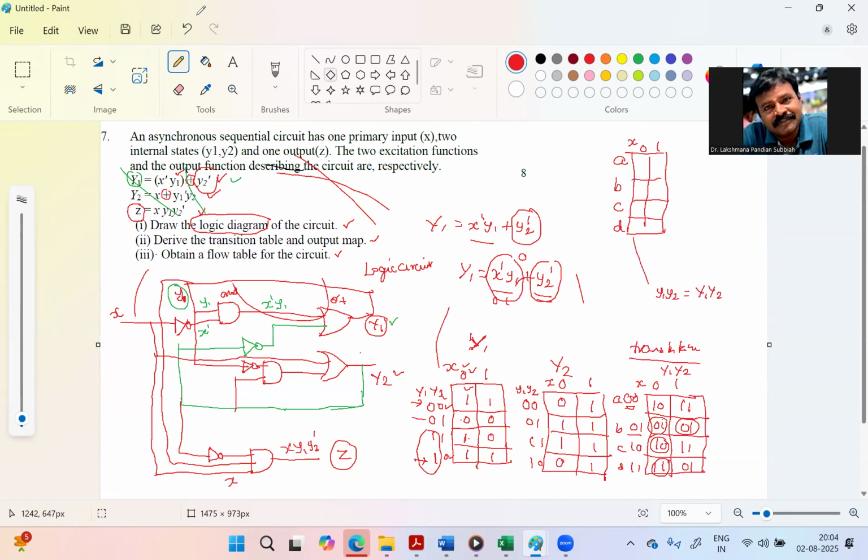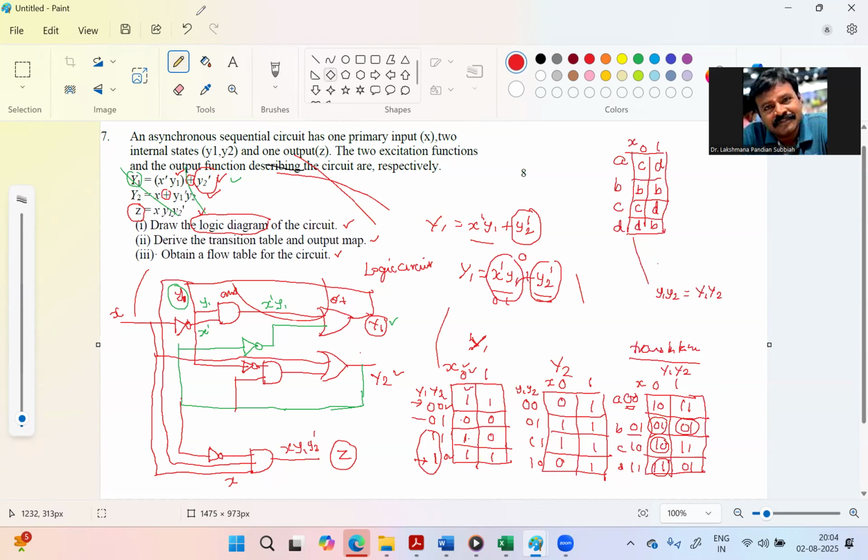So A here, 10 is C, 10 is C, then 11 is D, then B by 0 it will go to B itself, and here it will go to B itself, both are the same, right? Then here 10 it will go to C, and 11 is D, go to D, then from D it will go to D itself, then here 01, that is B.